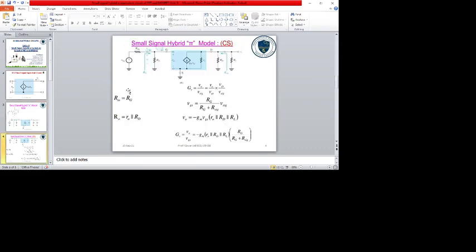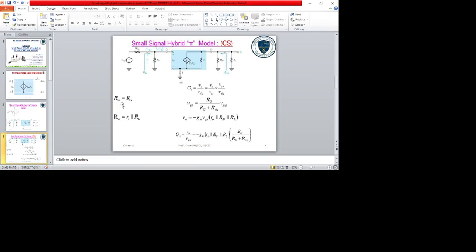In the small signal hybrid pi model of the common source configuration, we have to identify the expressions for input resistance, output resistance and gain factor. Here the input resistance is gate resistance, since we have a single branch with the source voltage.